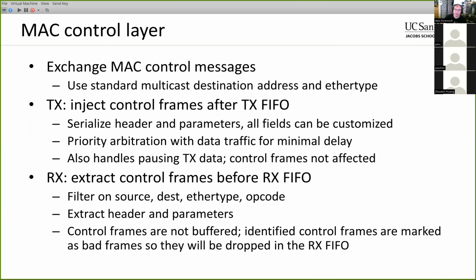So I might need to do some ruminating on this in terms of how to collect statistics properly, because naturally you don't want to count received control frames as errors, because it isn't an error.